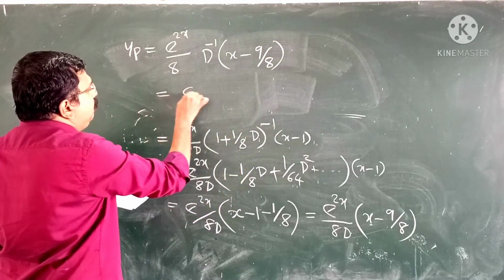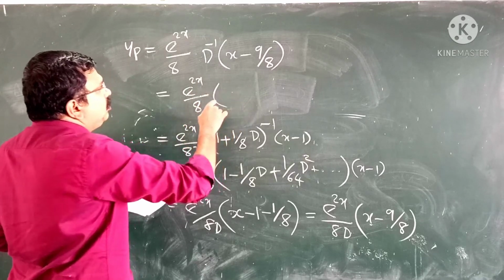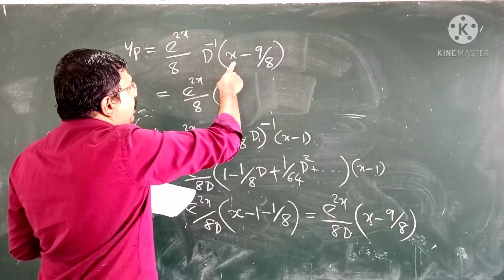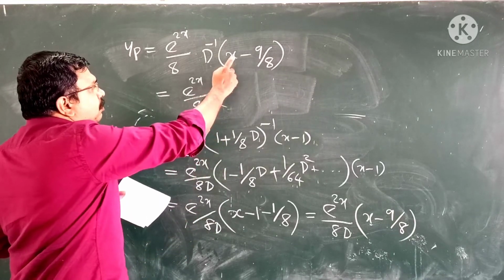That is equal to e^(2x)/8 into D⁻¹ of x, that means taking the integral of x.